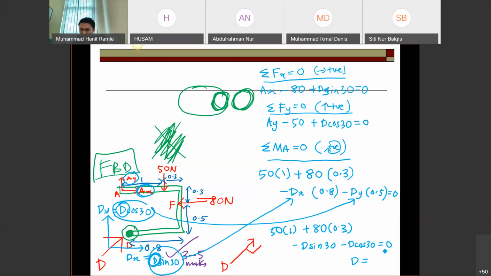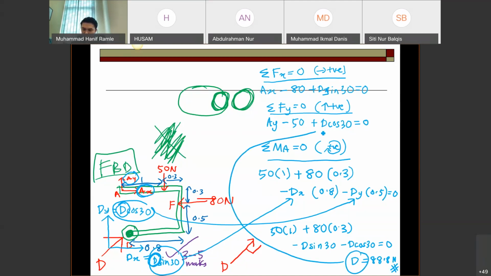Wan Kim Tong also got the answer. Okay, yes, the answer is 88.8 Newton. So this is your D. So you have the D value, and then let me do quickly.